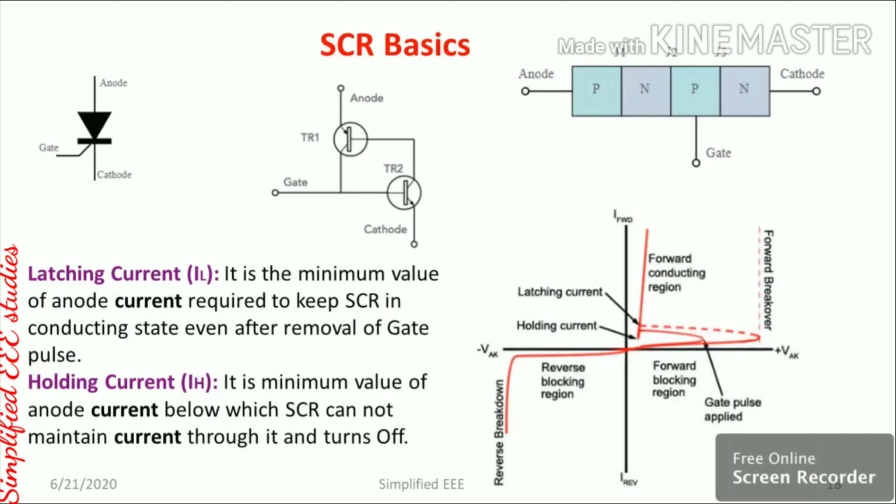If you want to turn on the GTO, you have to provide gate current. If you want to turn off the GTO, you can remove the gate signal. That is possible only for GTO. So GTO is also another member of the thyristor family, like SCR. But in case of SCR, if you remove the gate current, it will not turn off. So that's a peculiarity. You have to understand what is latching current and what is holding current. This is most important for all types of examinations.